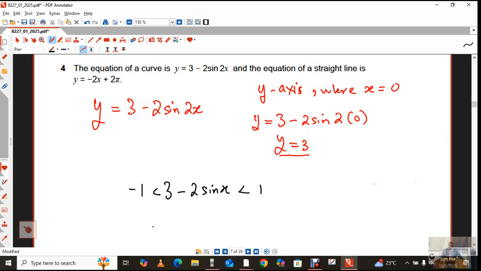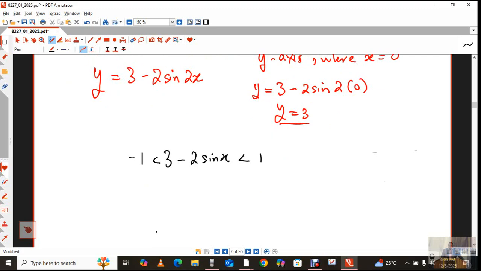Effectively I'm just trying to isolate that function, 2 sine x. Now I'm going to subtract 3 from both sides. So I'm going to have negative 4 over here, and that is going to be minus 2 sine x, and that is going to be negative 2.